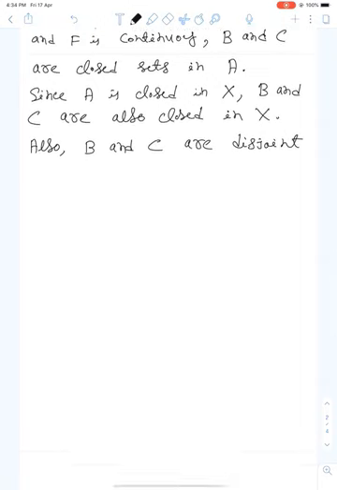Okay. Now B and C are closed sets in X and they are disjoint. So what can we do? Now we can just use the Urysohn lemma, right?